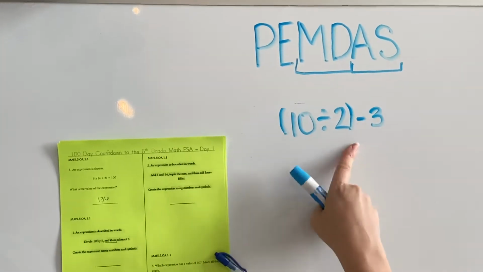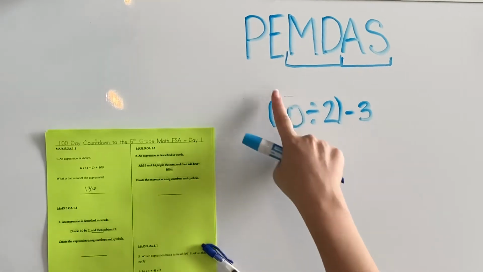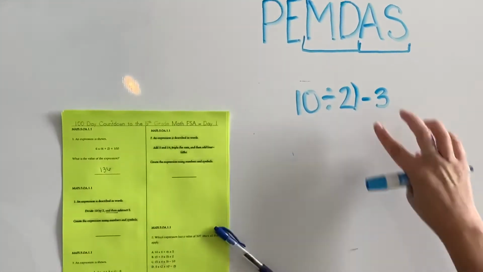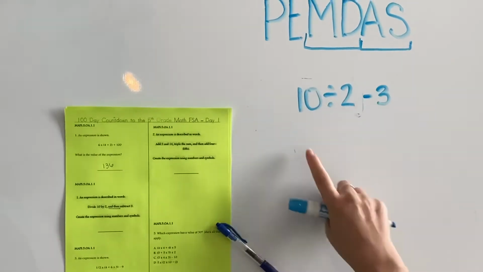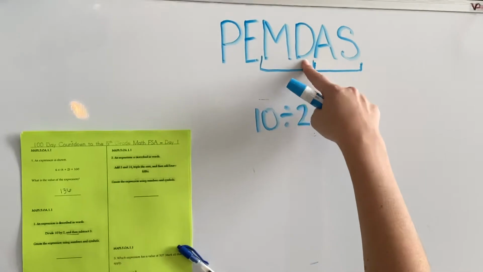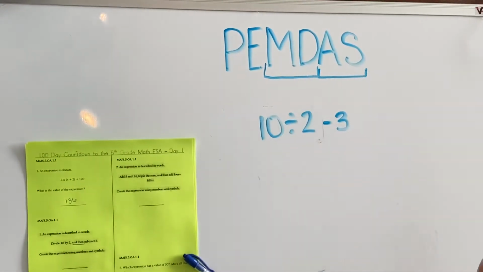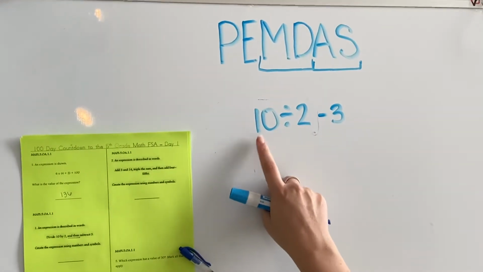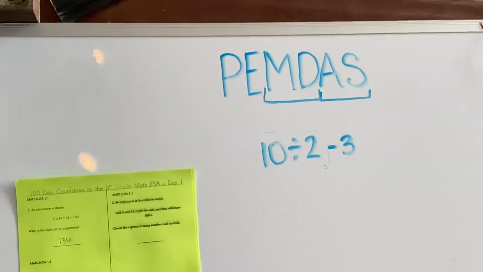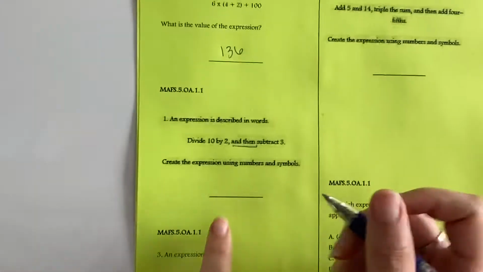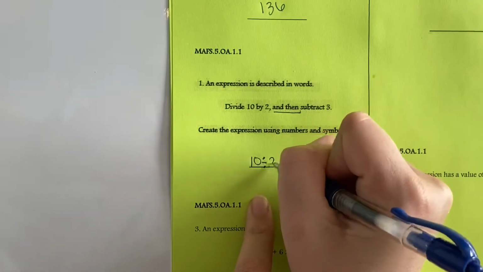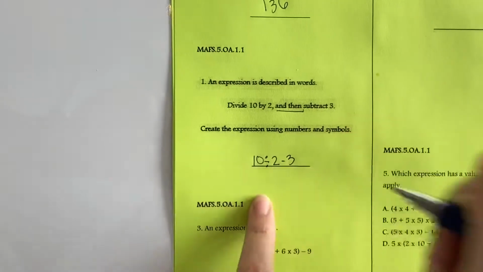If I add parentheses, that means I do it first. But I actually don't need parentheses. I could just say 10 divided by 2 minus 3 works because I know that division comes before subtraction. So if I were to solve this problem, I would do 10 divided by 2 first, and then I would subtract 3. So to rewrite this as an expression, I would do 10 divided by 2 minus 3.